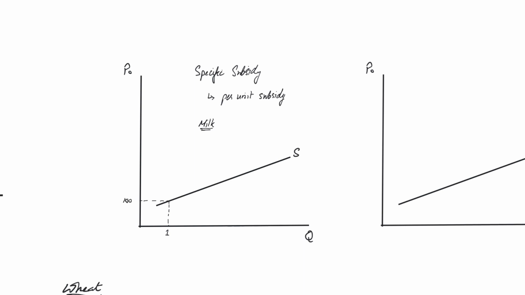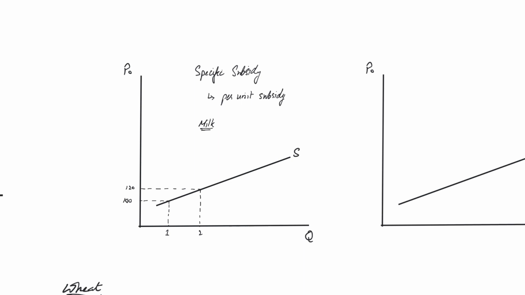So the producer says, we're willing and able to sell it at 100 rupees a liter. And if you have to supply 2 liters, what price would you be willing to sell it for? They say around 120.